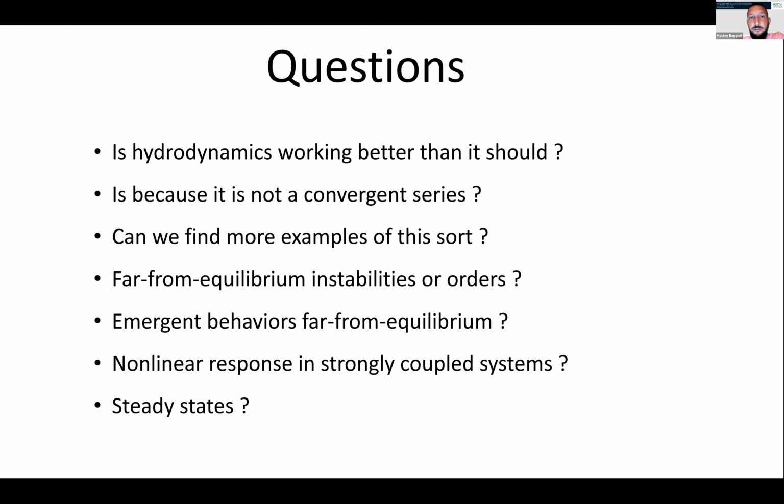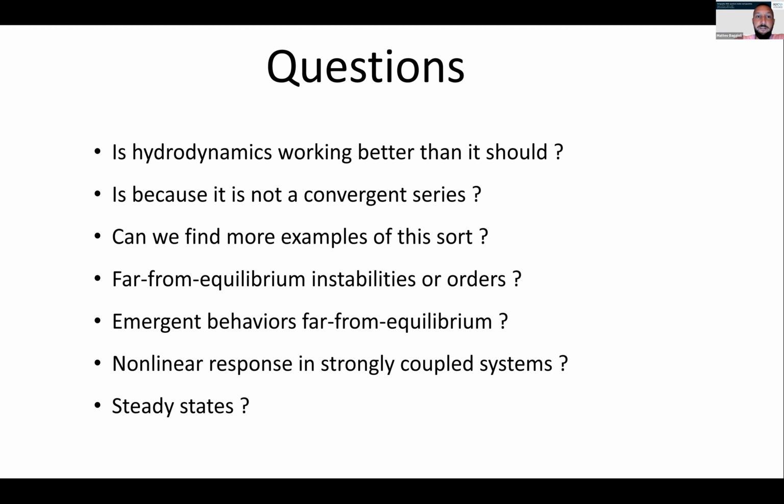And here I actually want to make a comment, which is something that I learned recently from a collaborator, and I think it's very interesting. As you know, hydrodynamics is not a convergent series. But I learned something which is actually standard knowledge in mathematics: if your series is not convergent and you cut it at lowest order, it gives a much better approximation than a convergent series.